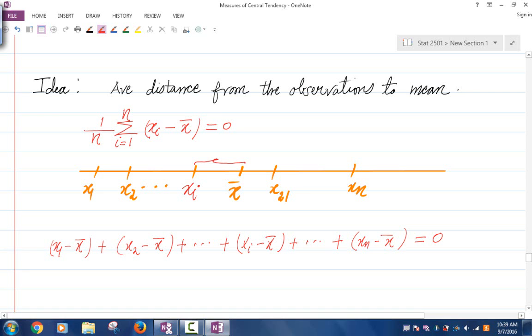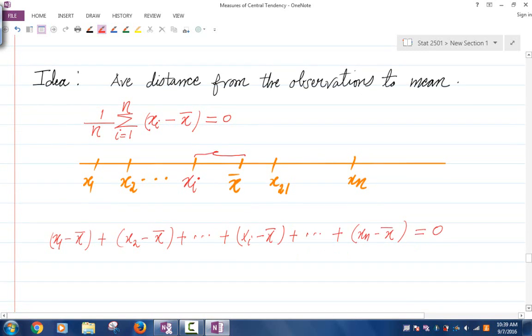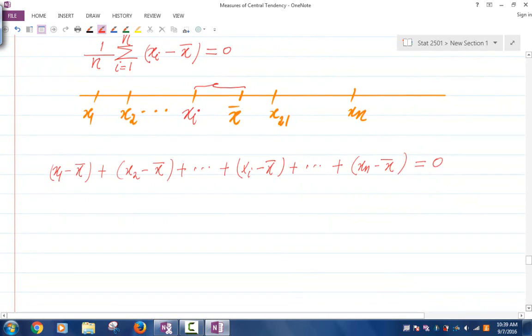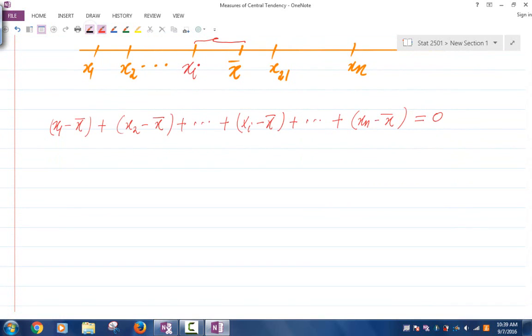Why is that the case? Well, let's check. The summation, i going from 1 up to n, of xi minus x bar. I want to check that that's 0.